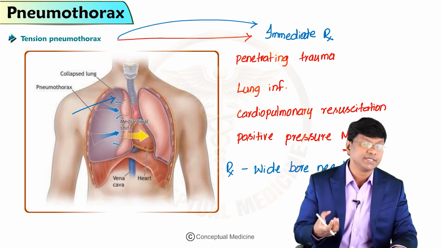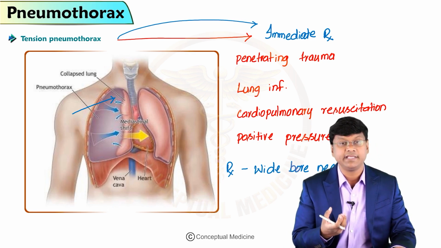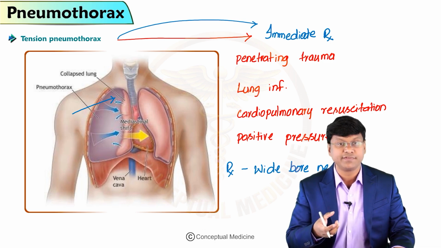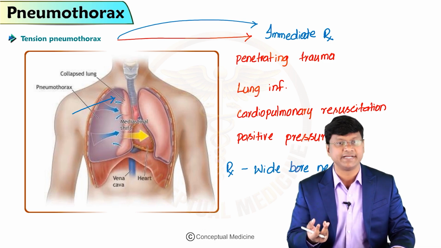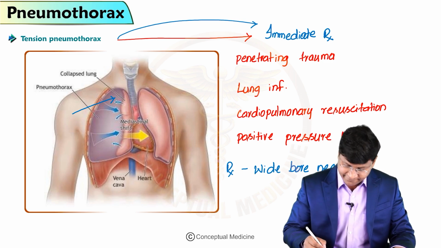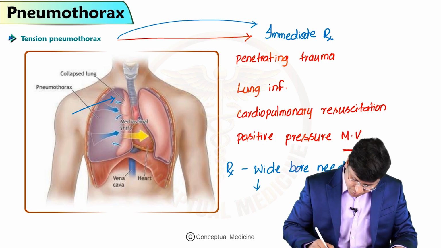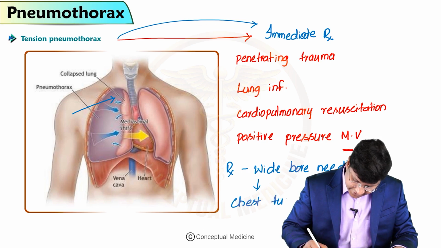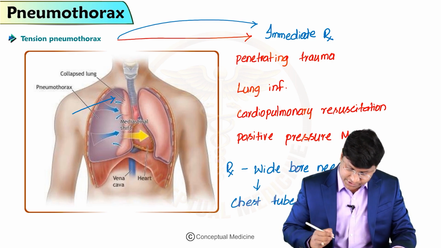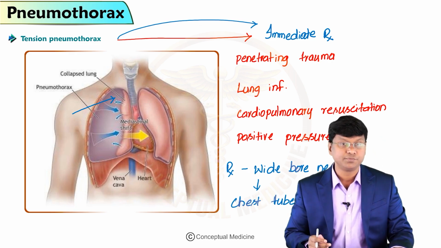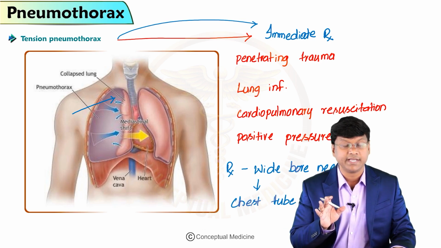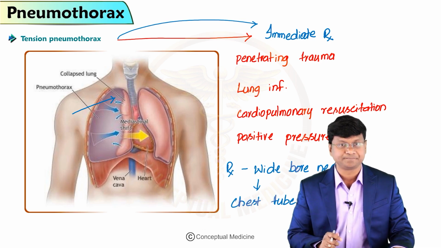That will release the air. And if the individual still has breathlessness or if the pneumothorax has not subsided, the next step will be chest tube drainage. So, this is your tension pneumothorax, which is an important medical emergency.